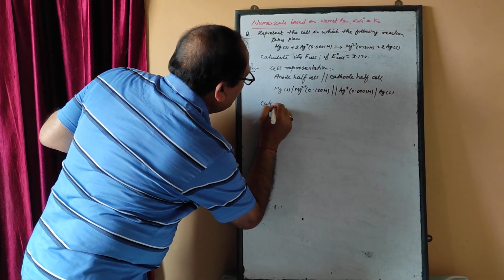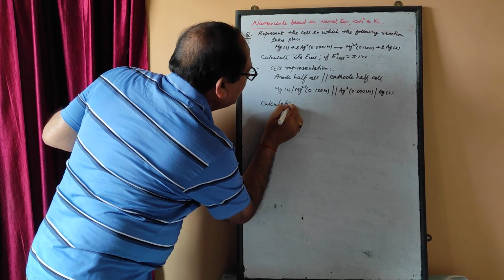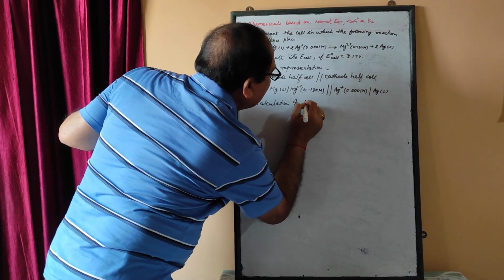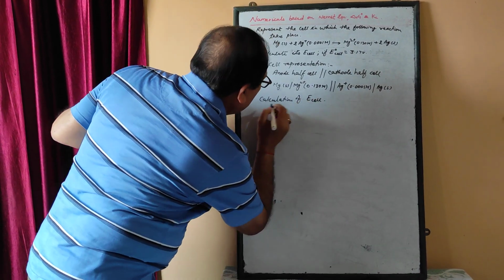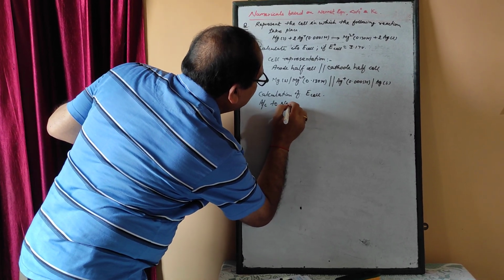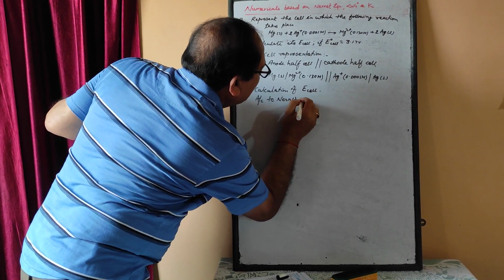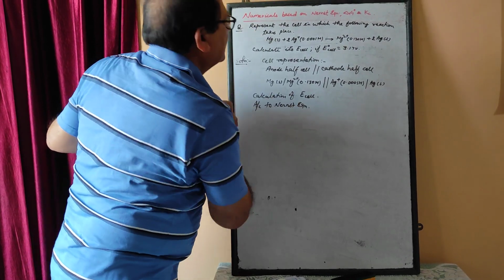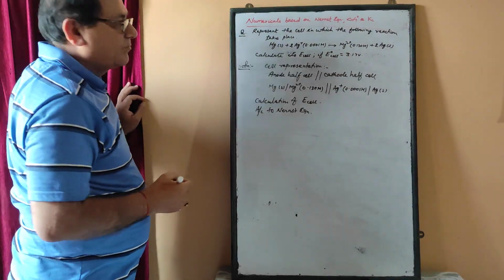Now, calculation of E cell. According to the Nernst equation, first we have to write the Nernst equation for this numerical.